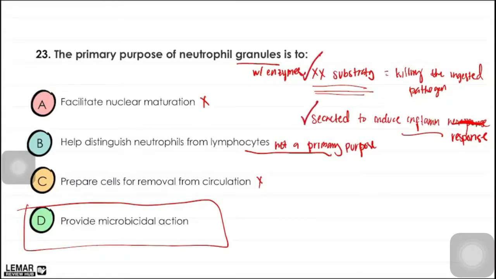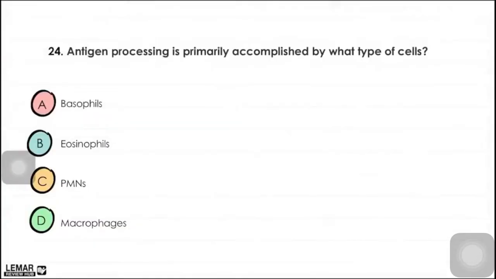So, number 24, antigen processing is primarily accomplished by which types of cells? Letter A, basophils, B, eosinophils, C, PMNs or polymorphonuclear neutrophils, D, macrophages.